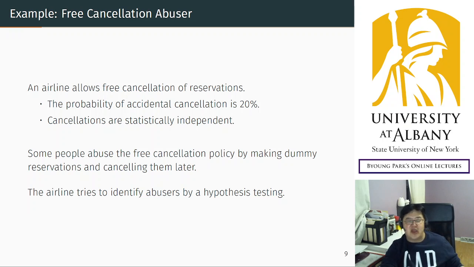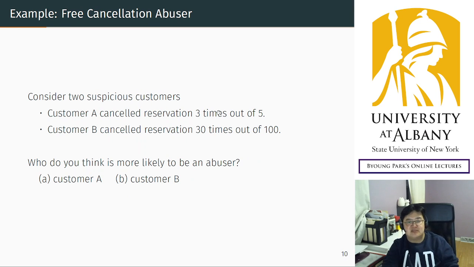So here, the airline company tries to identify who is abusing the free cancellation policy. There are many customers, and the company observes their past record of reservations and cancellations. We are going to apply the hypothesis testing conceptual framework to reject some customers, to ban some customers and designate them as abusers. So let's think about this.